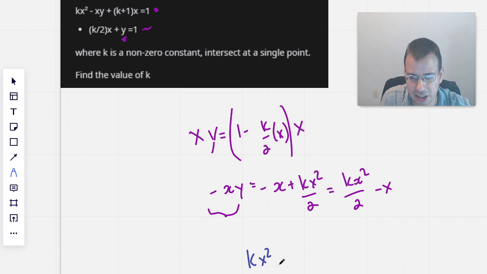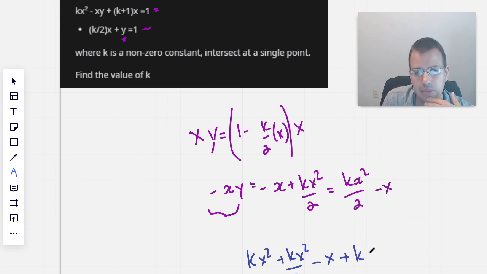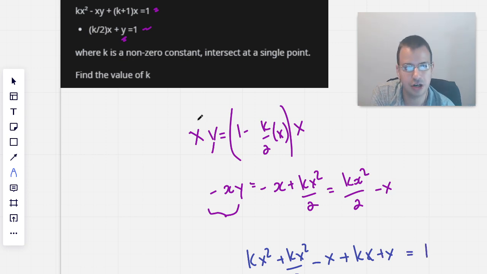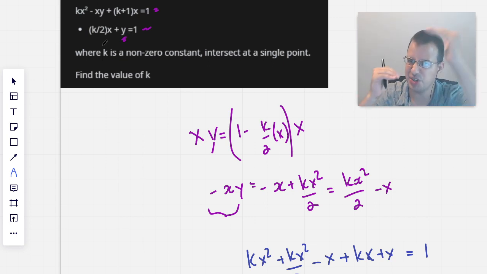Minus xy is going to be plus kx squared over 2 minus x, plus kx plus x equals 1. What I did was solve this second equation for y, and then plug negative xy into the top one, combining the two equations.